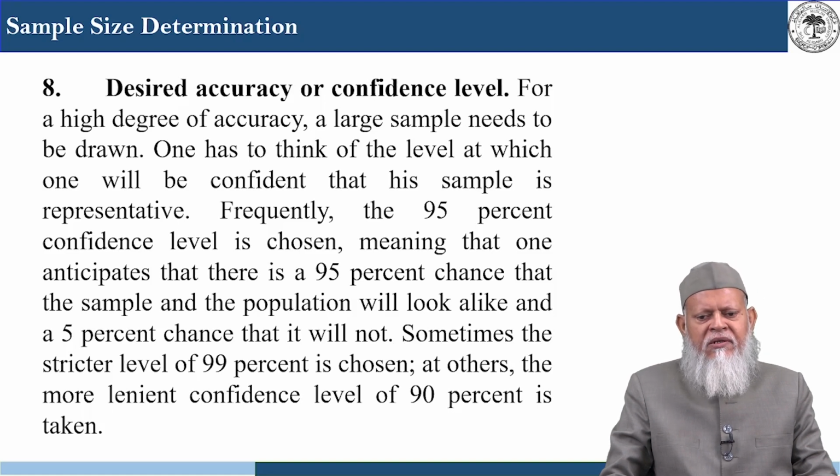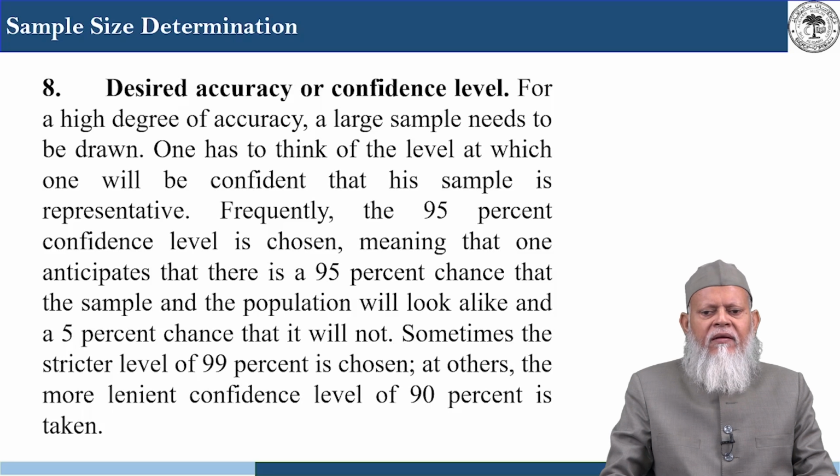So 99% is very strict, even 98%. People keep it at 95% also, but not less than 90%. Even 90% is considered a lenient confidence level. What does it mean?